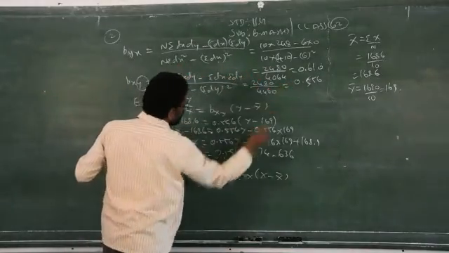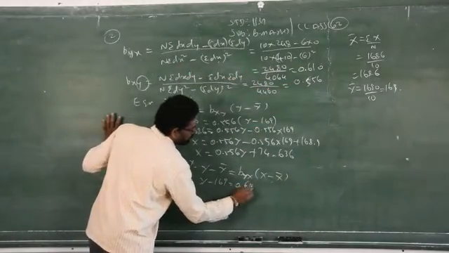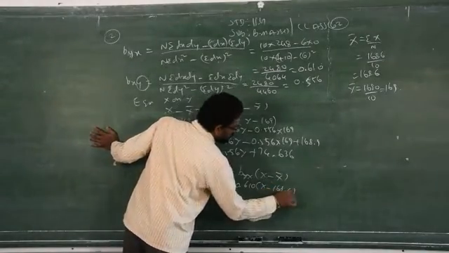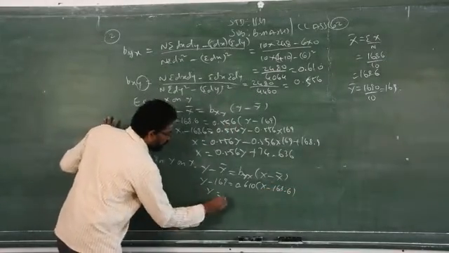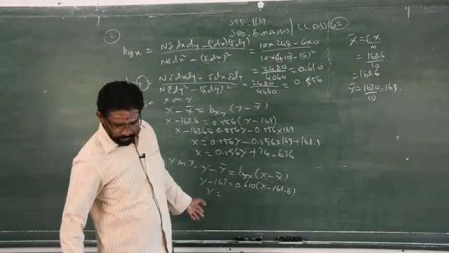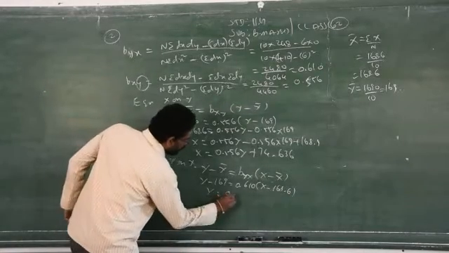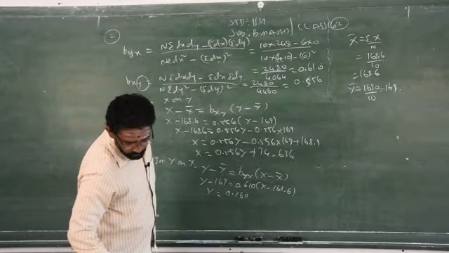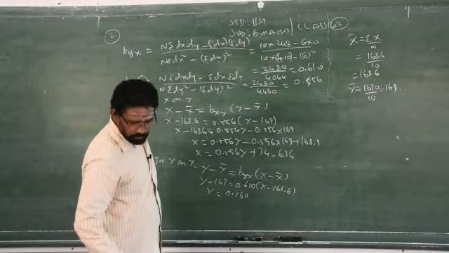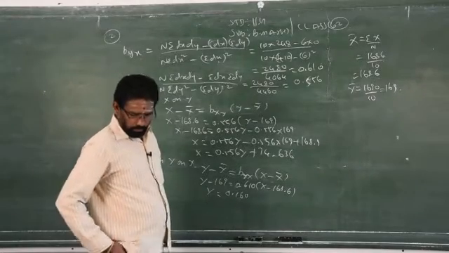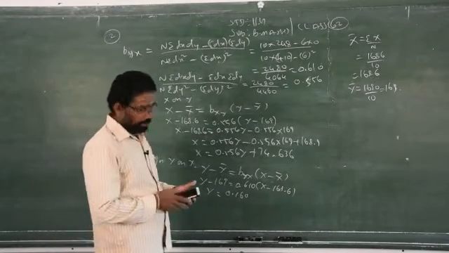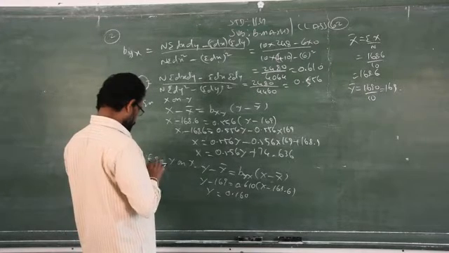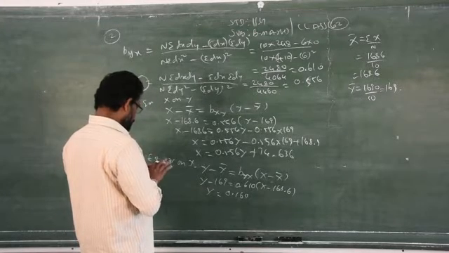Byx is 0.610 times x minus 168.6. So finally we get y is equal to 0.610.